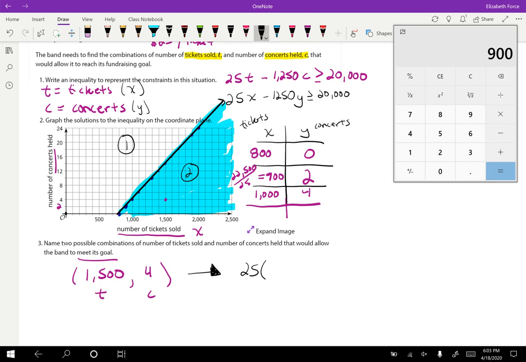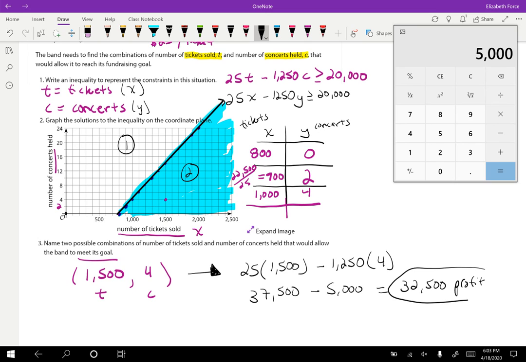So at $25, we've got 1,500 tickets sold minus $1,250 per concert. There's 4 of them. Let's figure out that math. So that's 37,500 minus $5,000 in fees, and that's going to give me a profit of $32,500.